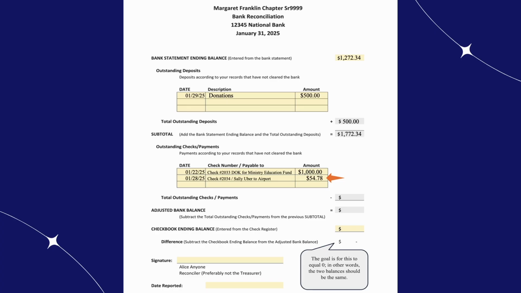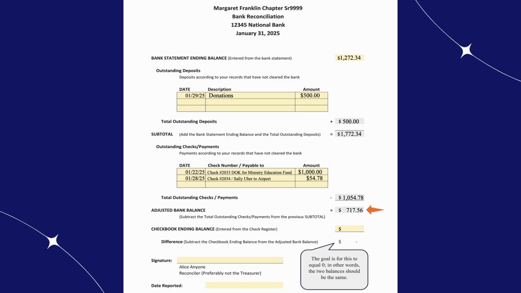This was written to Sally to reimburse her for her Uber to the airport. If we had more checks or withdrawals, we would add them here and then provide a total in this column. By subtracting the outstanding checks or payments from our previous subtotal, we now calculate the adjusted bank balance.